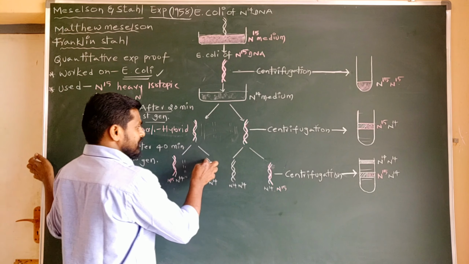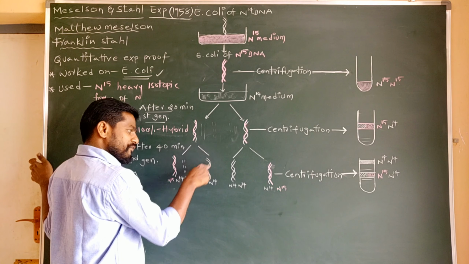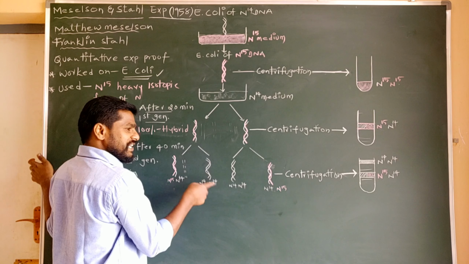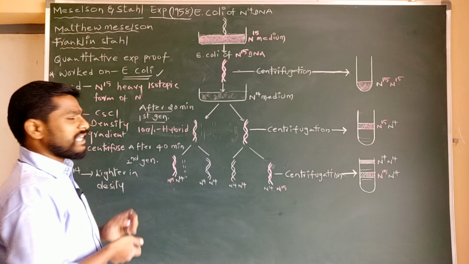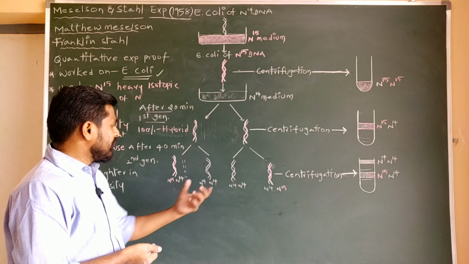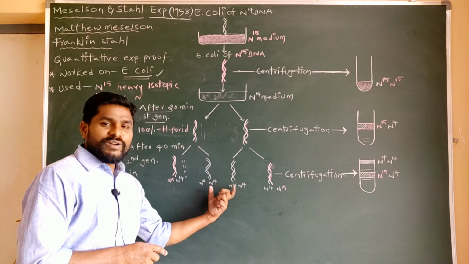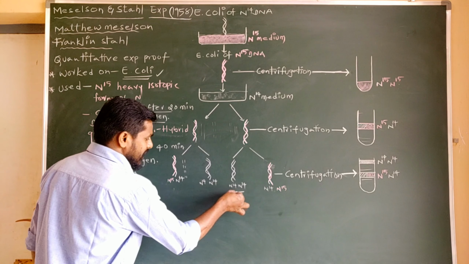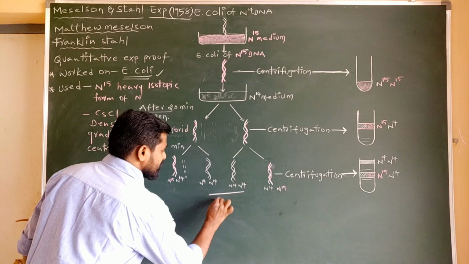And here this is the parental DNA of N14 type, and newly synthesized DNA is also N14 type, as the cells are growing on N14 medium. Like that, here in second generation, the 2 E. coli cells are having light DNAs. What are these?